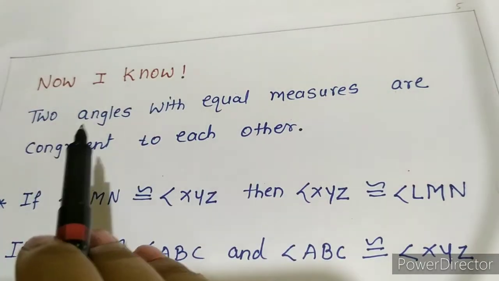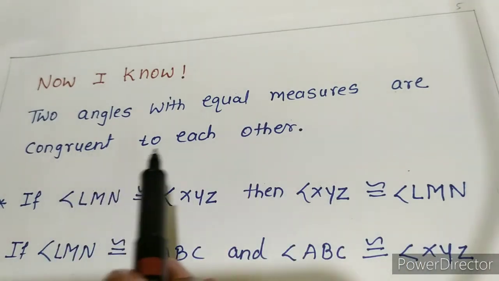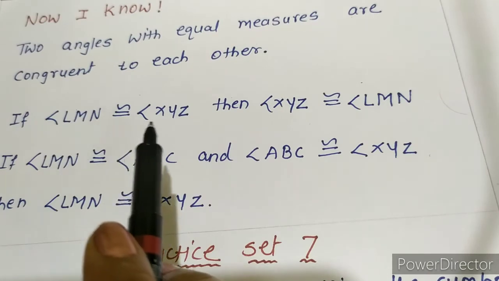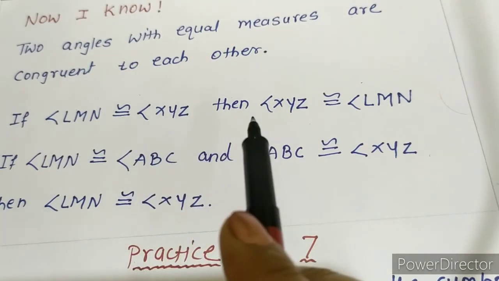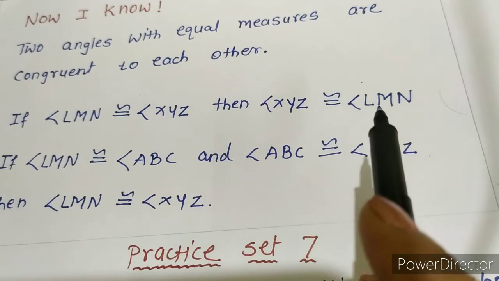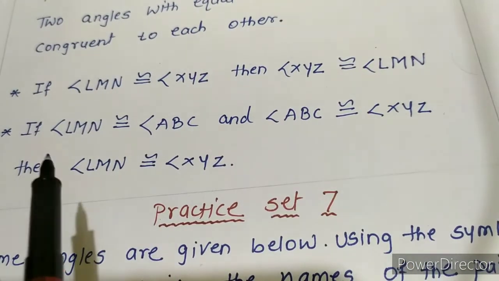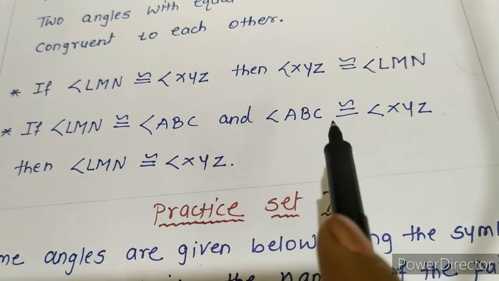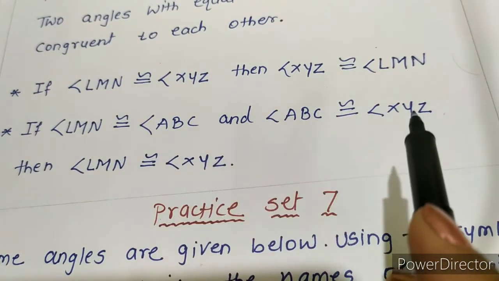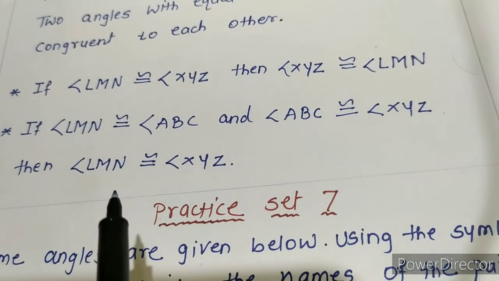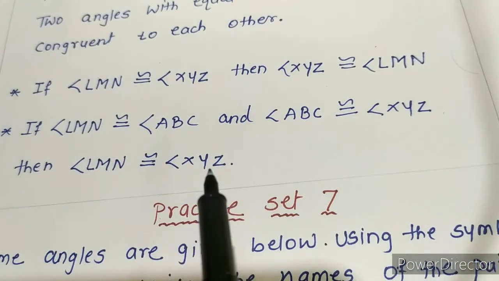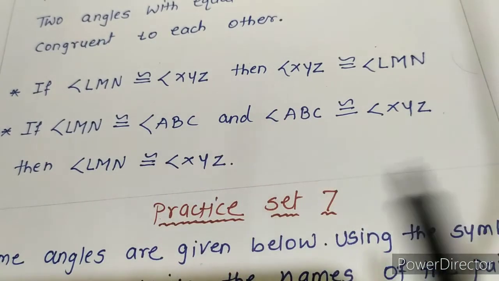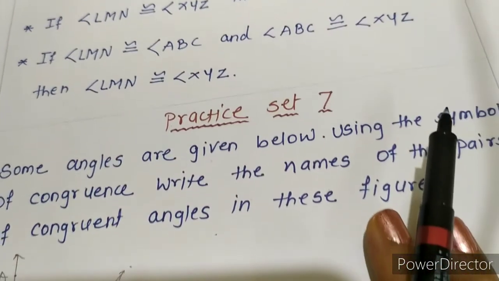Now I know two angles with equal measures are congruent to each other. If angle LMN is congruent to angle XYZ, then XYZ is congruent to LMN. And if LMN is congruent to angle ABC and angle ABC is congruent to angle XYZ, then angle LMN is congruent to angle XYZ. It is exactly the same as what we have seen in the congruent segments.